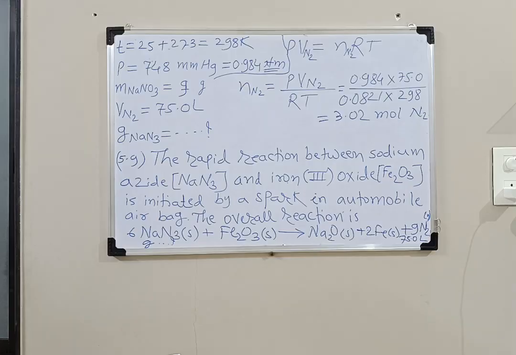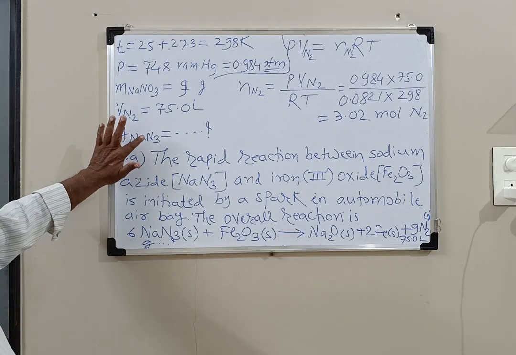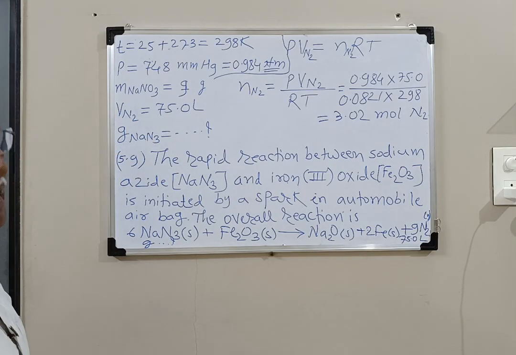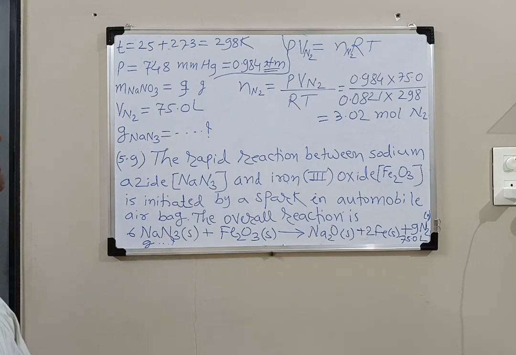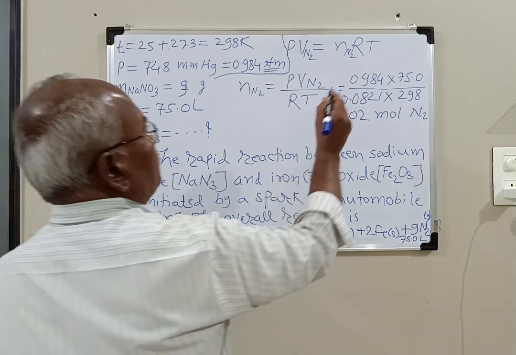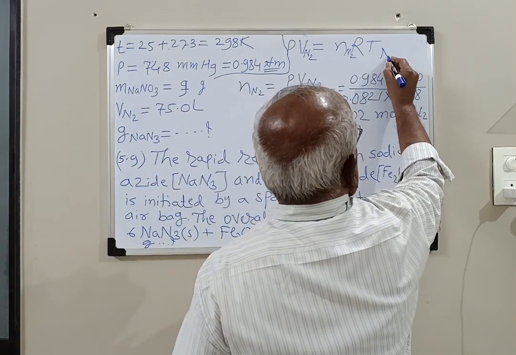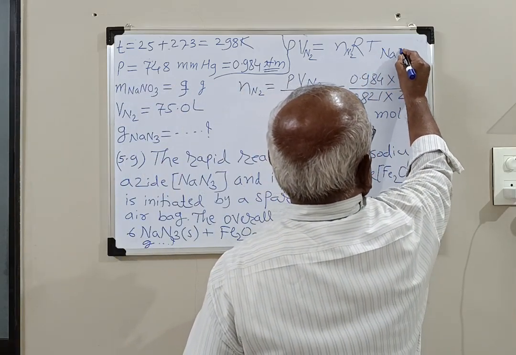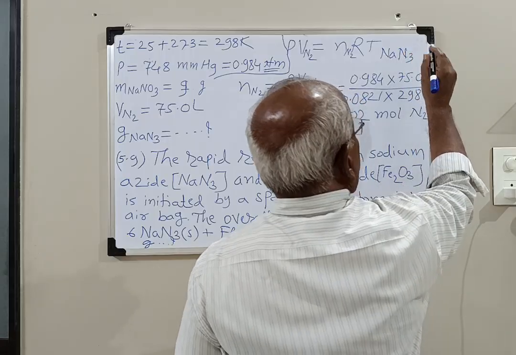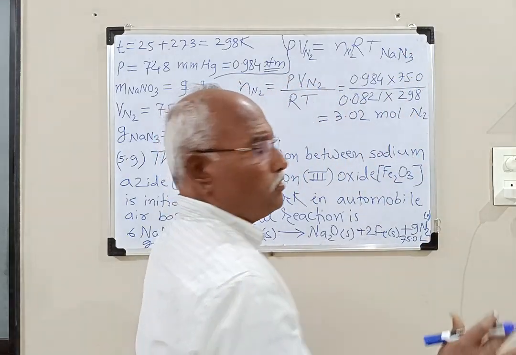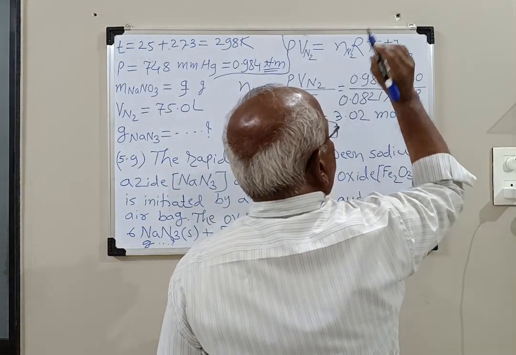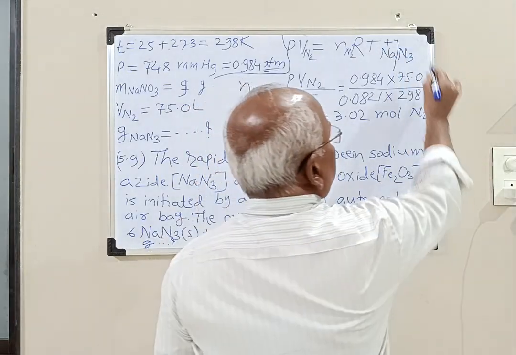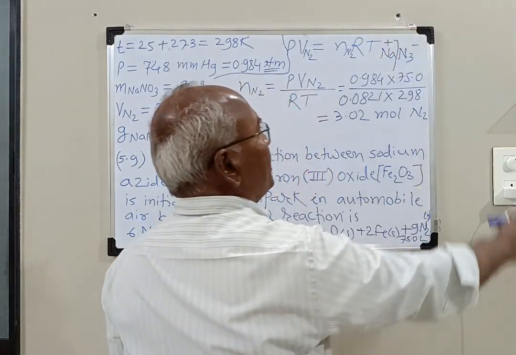What we have to calculate? Gram of sodium azide. So NaN3, look here, sodium azide, NaN3. This is an ionic compound. Na is the positive part and N3 is the negative part.